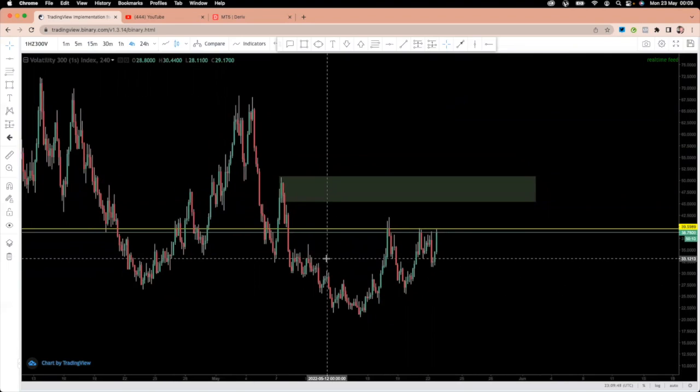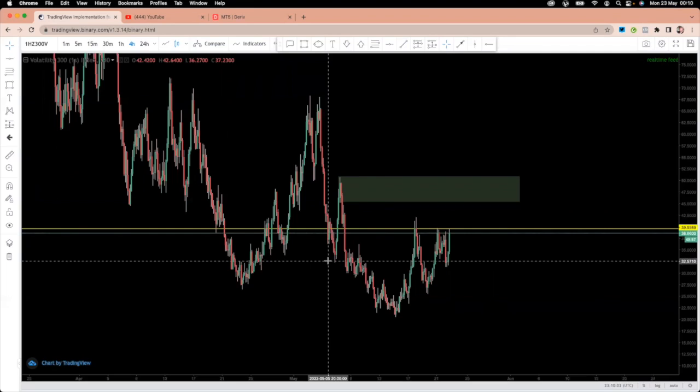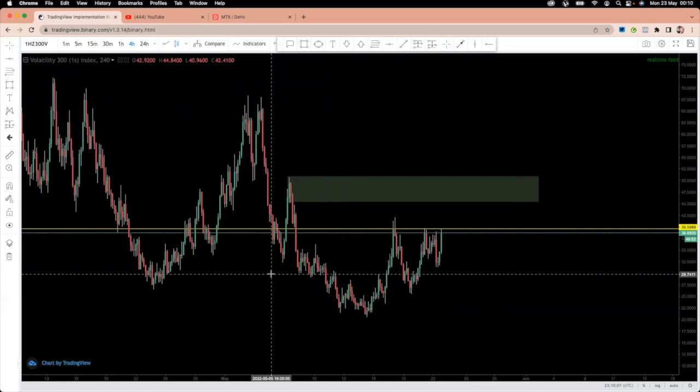Remember, guys, if you're a beginner, you're not going to see these trades the way I'm showing them to you. The only way you can start seeing things like this is if you practice and actually put in the work. I'm able to see these trades easily because I put in a lot of time studying the market, seeing what's going on, and eventually your eye will start to see these things a lot more easily.